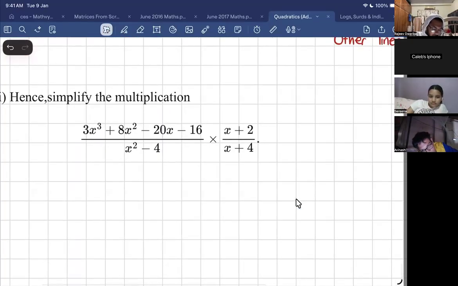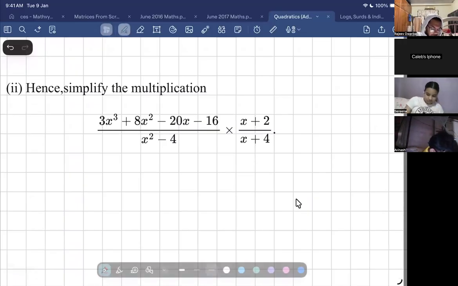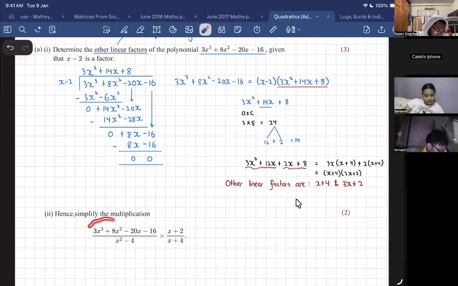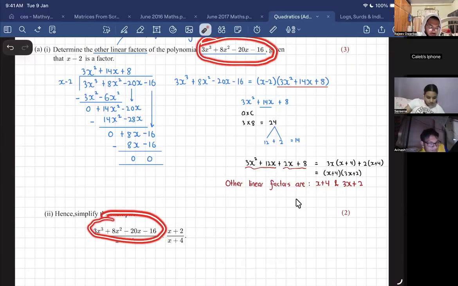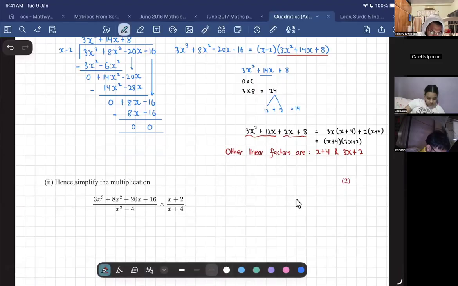So Caleb, I want you to help me with this. So hence simplify the multiplication of this. Didn't you see this cubic equation somewhere else? Do we know what that is as a product of its factors? x plus 4, x minus 2, right?